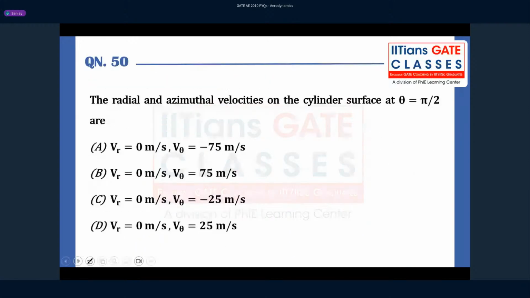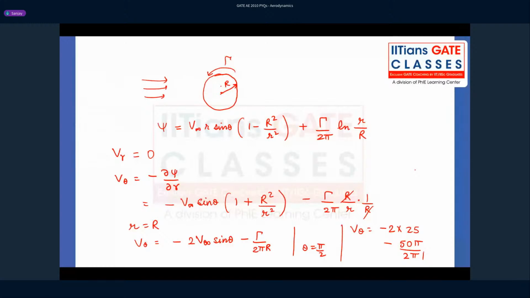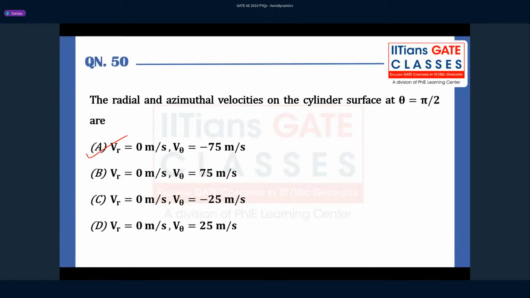R is 1 meter, right? So this becomes minus 75 meters per second. So you see that option A is the correct answer. VR is 0 and V theta is minus 75.